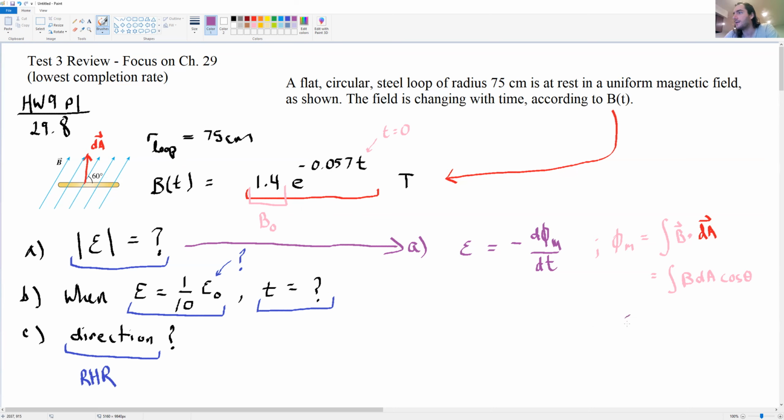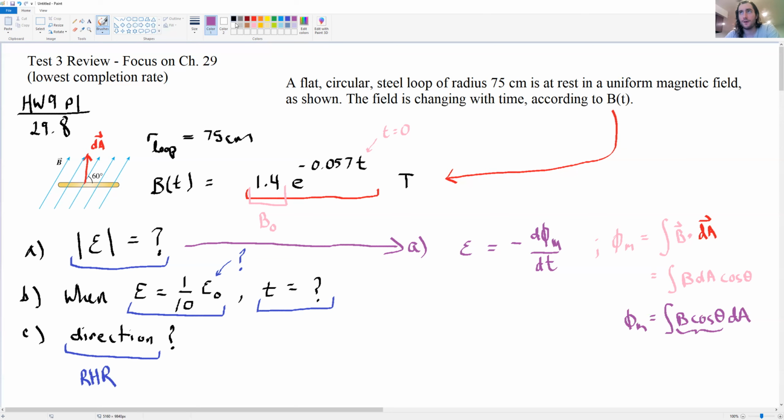Okay, so for us, we have the integral of B cosine theta dA. B and cosine theta do not change with respect to the integration variable dA. B is a function of time, and a function of time is changing with time, right?